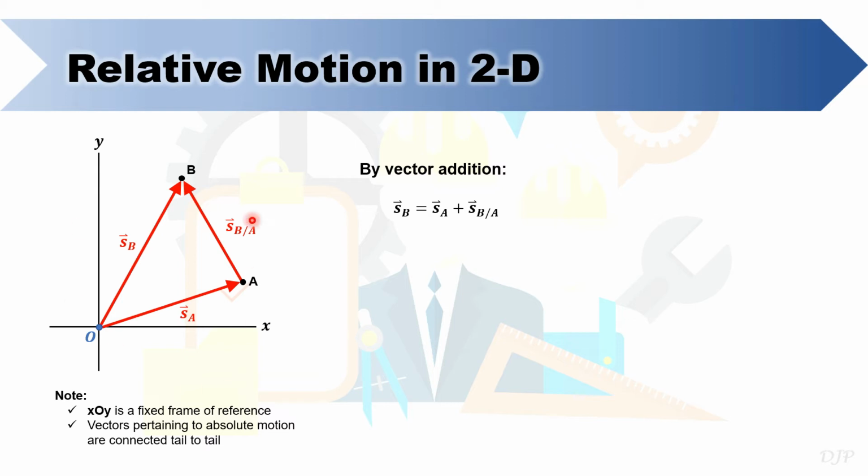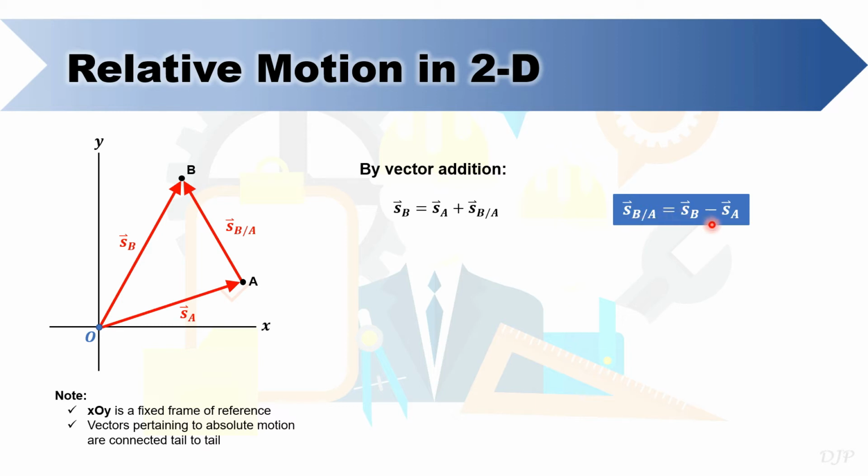So for this example, S sub B represents the resultant of the sum of S sub A and S sub B over A. So by rearranging the terms, we can now have the formula for the relative position, which is equal to S sub B minus S sub A.